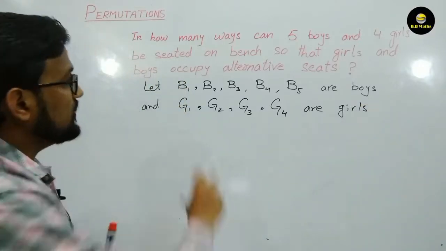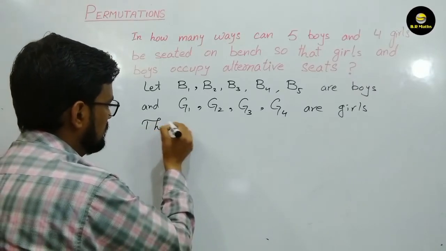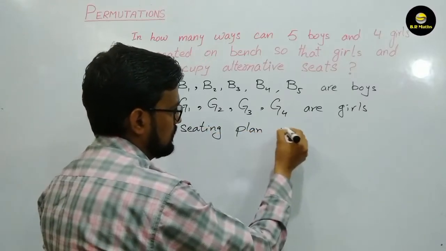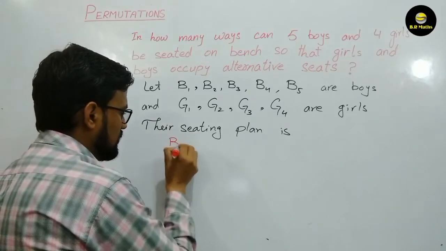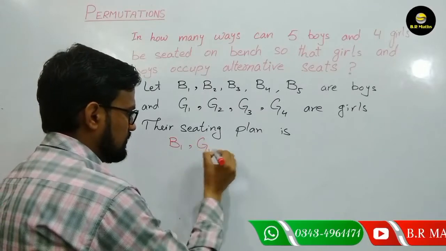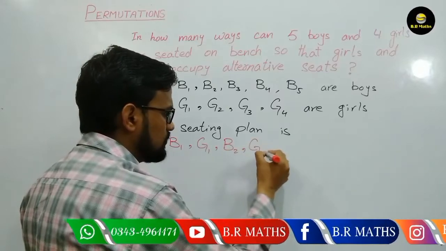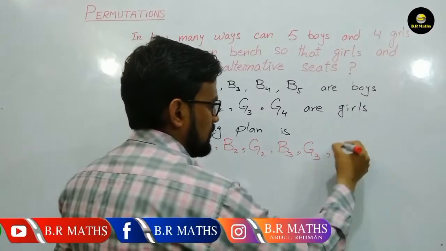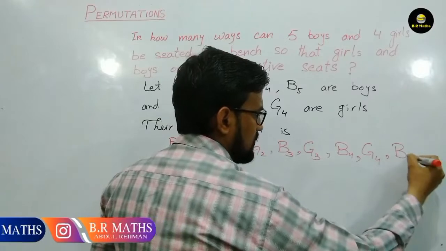Okay, and what is the sitting plan? Sitting plan means B1 and next G1, B2 and G2, B3 and G3, B4 and G4, and last is B5.